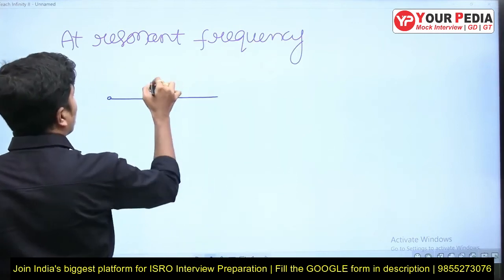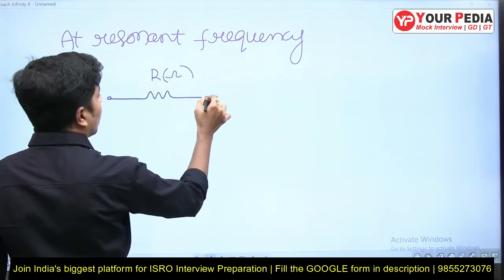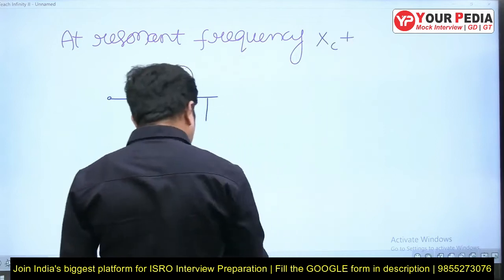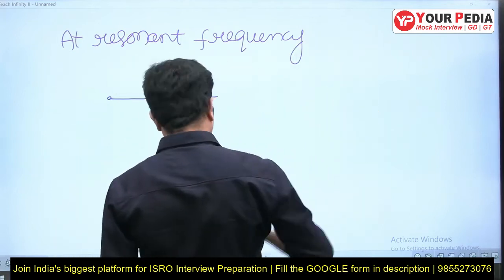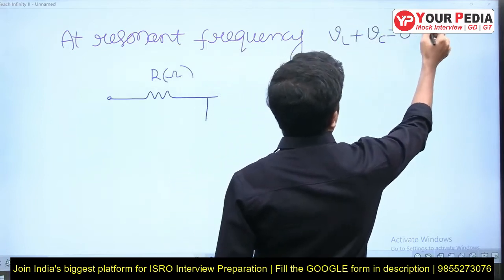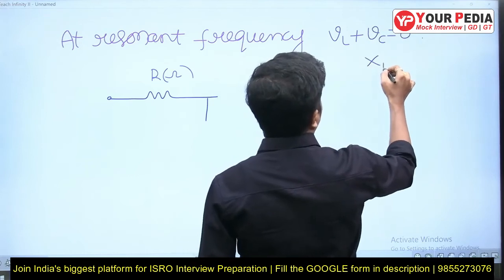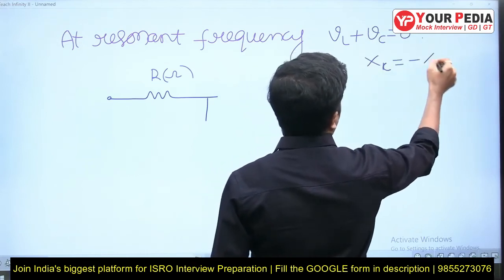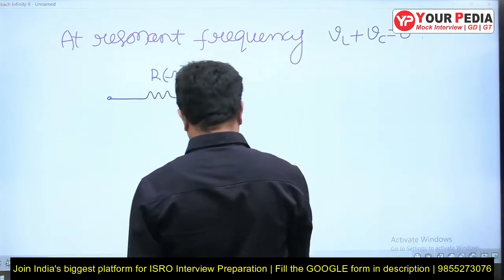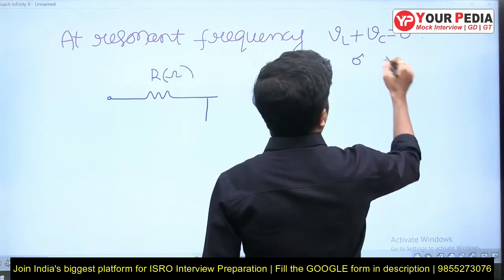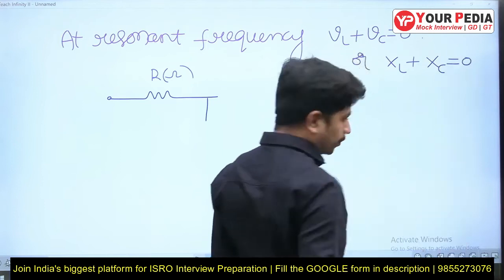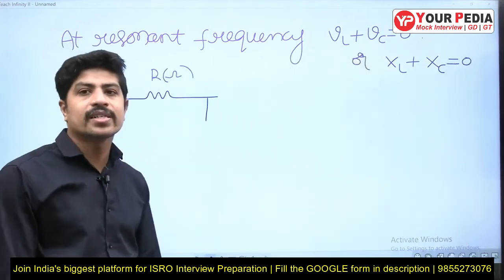This is R in ohms, and at resonant frequency, instead of XL and XC, I'll write VL plus VC is equal to 0, since XC is equal to minus XL, or XL is equal to minus XC, both are same. Or simply, XL plus XC is equal to 0. Current is the same because it is a series circuit.